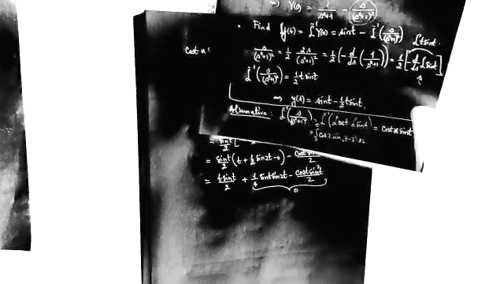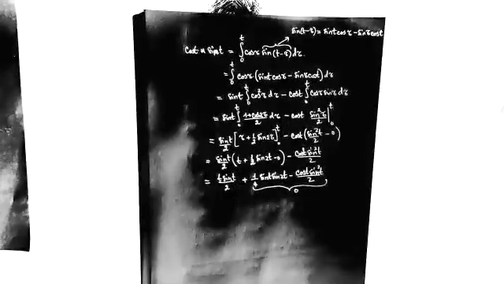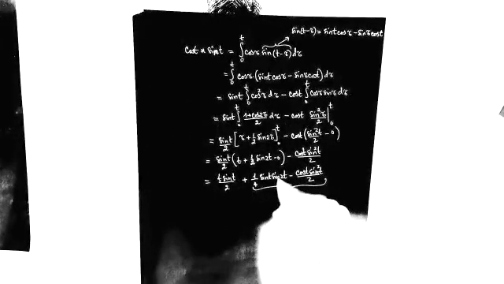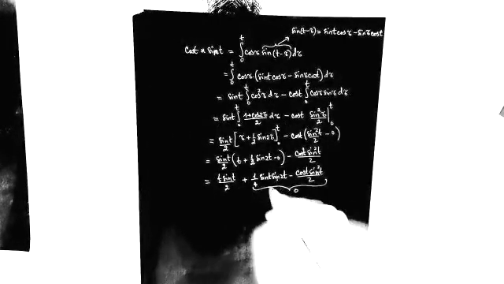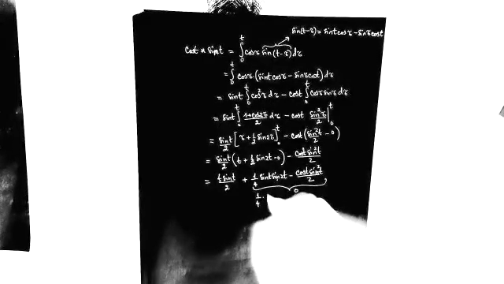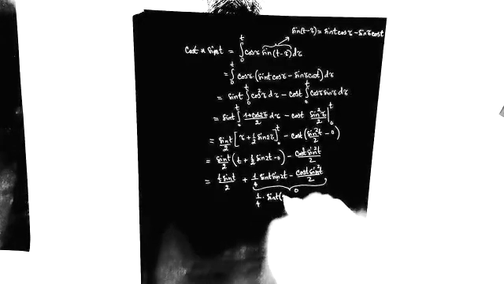Like I said before, no matter what is the method that you choose to answer the question, you will end up with the same answer. And why is this thing 0? Because this is 1/4 sine t, and sine 2t is 2 sine t cosine t.